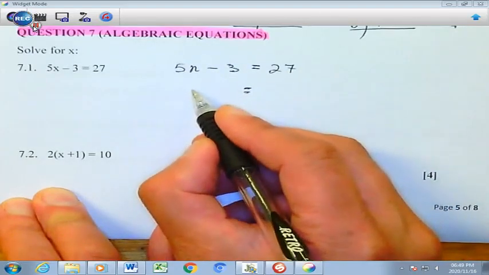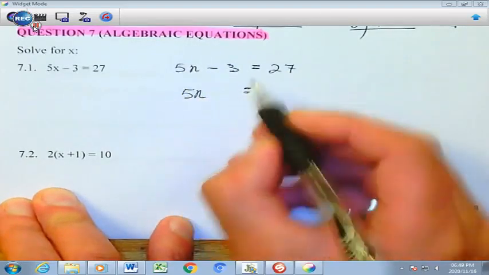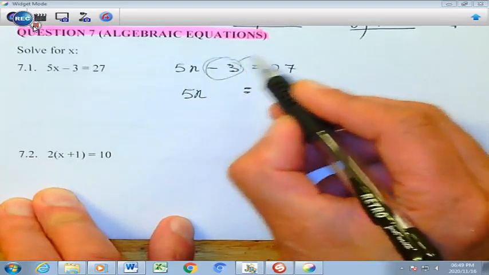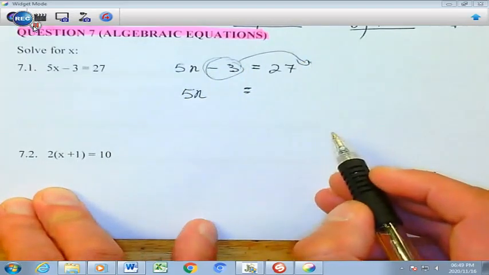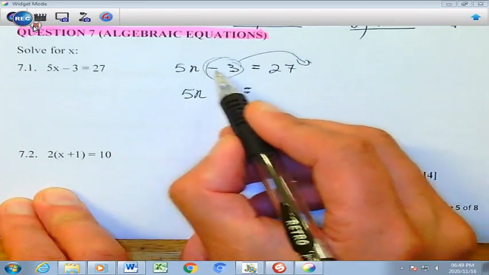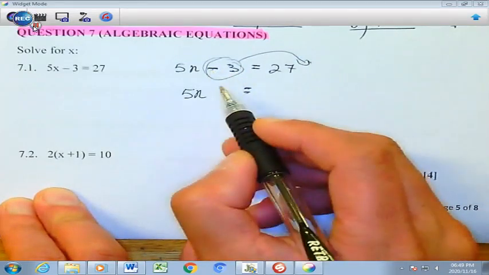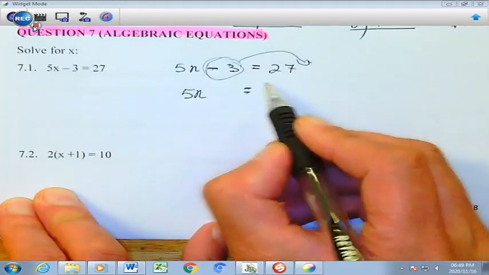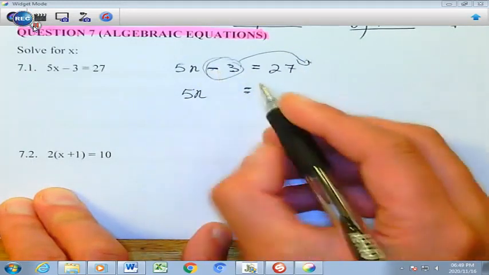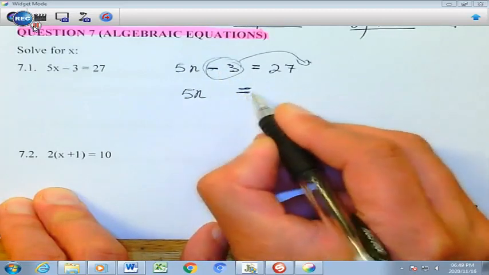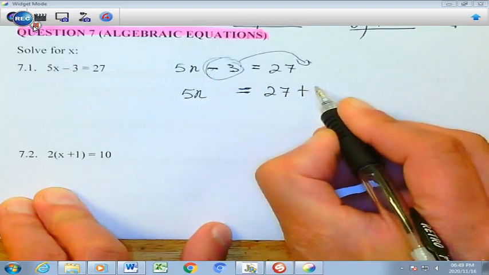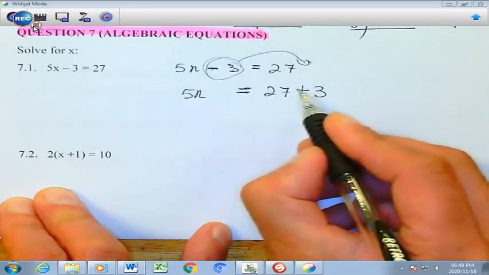So I'm going to leave 5x here, and I'm going to take negative 3. Negative 3 is going to be put over to the side of the 27, but remember the rule is that the minus sign now changes to a positive, because that's the rule. If it goes over the equal sign, the sign in front changes. So that's going to be 5x equals 27 now plus 3. Right? The sign changed.